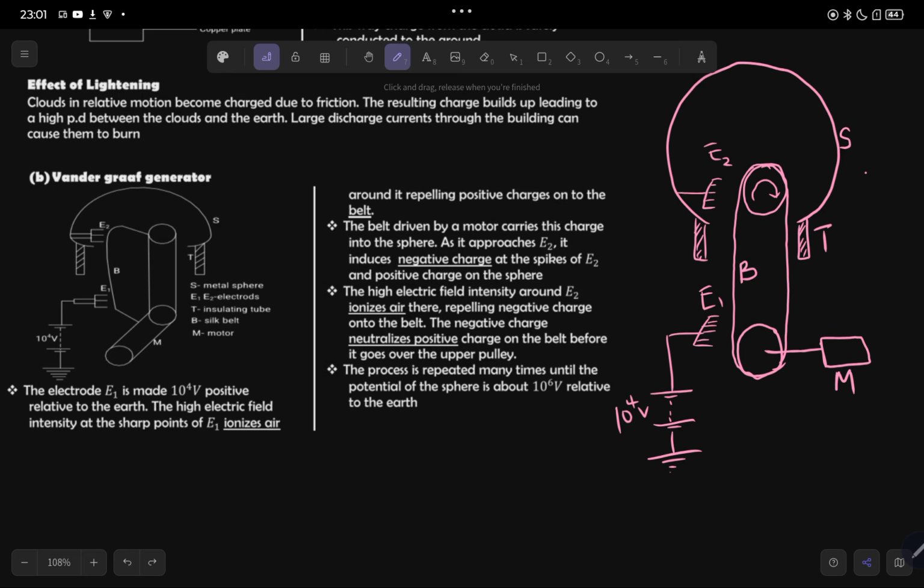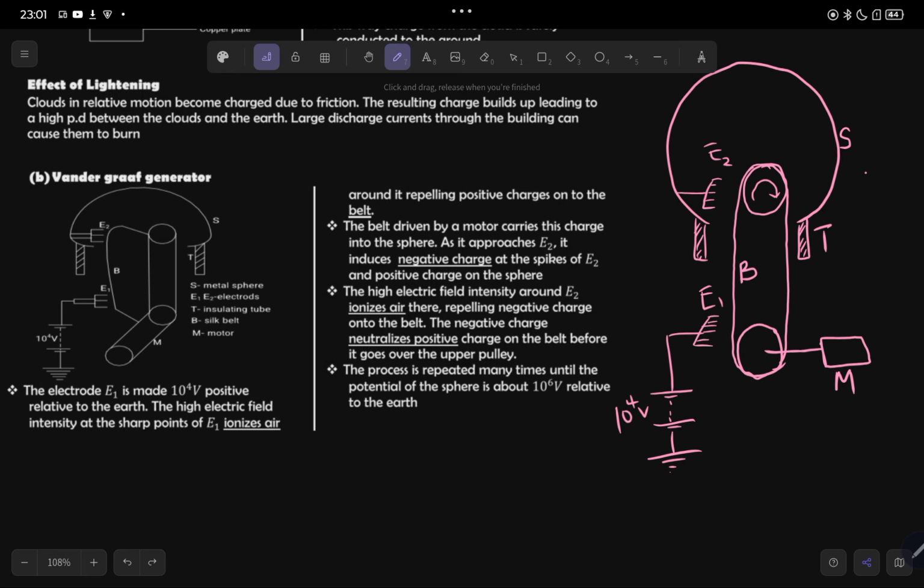Remember, the belt is in motion. It carries them up into the metal sphere. Whereas the negative ions which had been formed are attracted to the spikes of electrode E1, they go there and they neutralize the charge there. However, our high potential battery here is still charging our spikes E1, so it is a repetitive process.